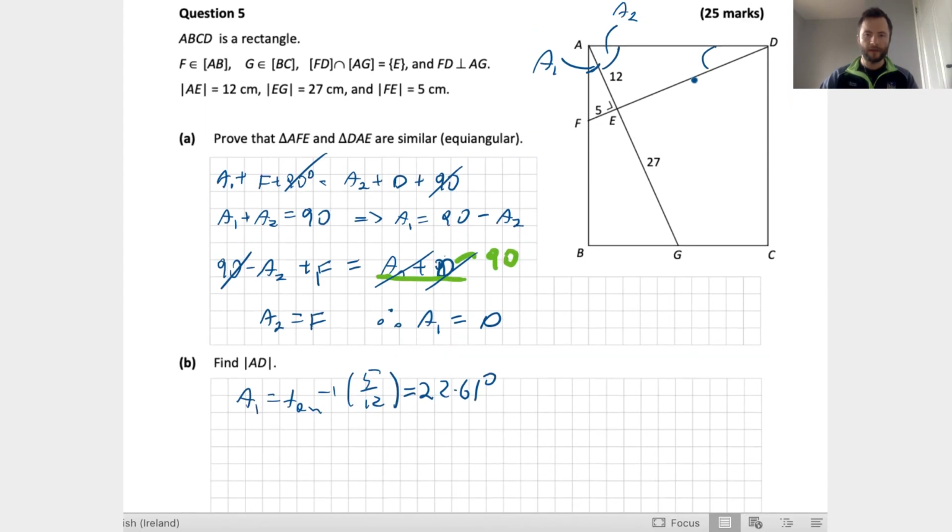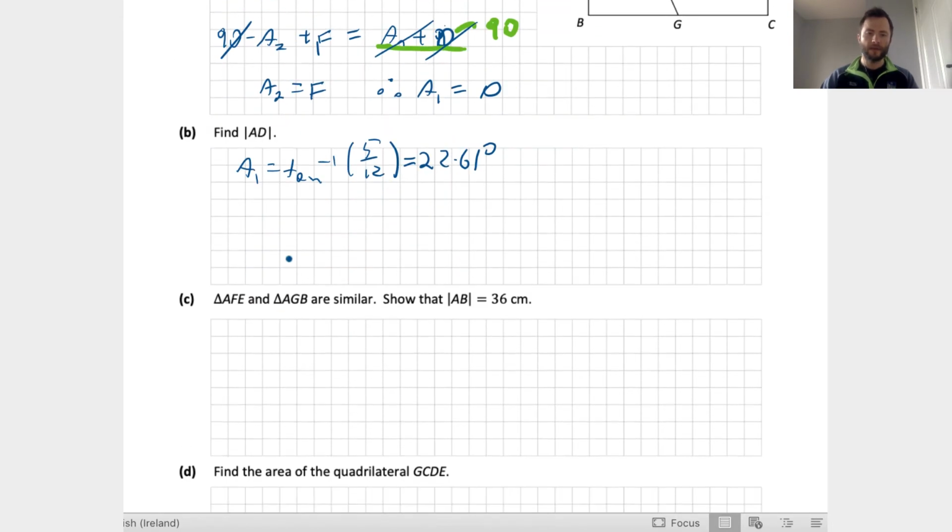And then finally, for AD, 12 over the length of AD is the sine of angle A1. Those angles are the same, angle at A1 and angle at D. So what I can say is that AD is equal to 12 divided by sine of 22.61, so that will give me 31.2 centimeters.